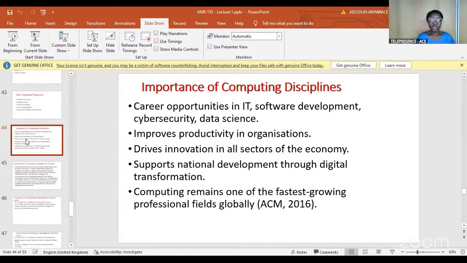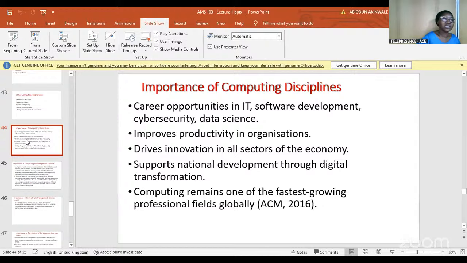Driving innovation in all sectors of the economy, I agree with that. For aviation, you don't have to even travel anywhere. You can book your ticket and then you can even check in right from your home. You can select your seat, you can make your payment.